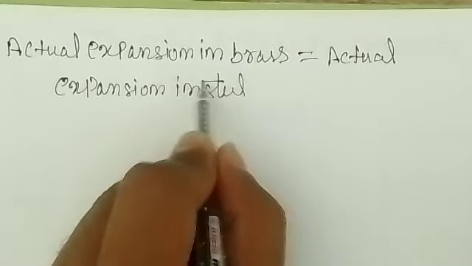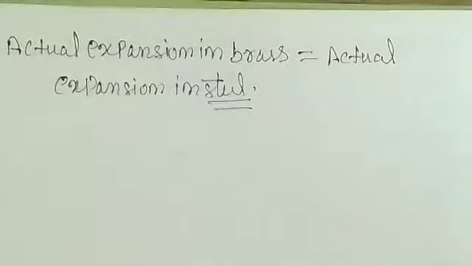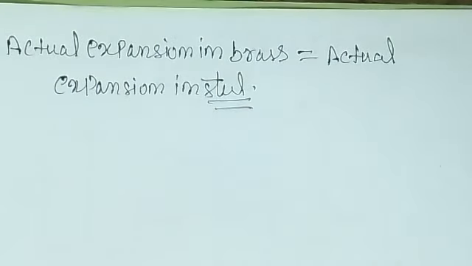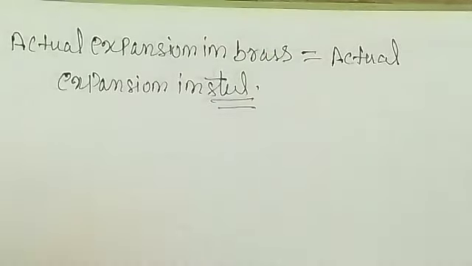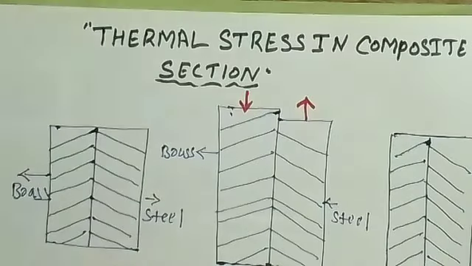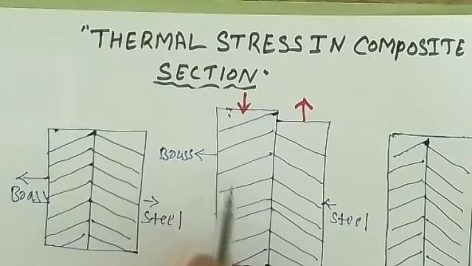As I have taken one example, the composite section is made up of brass and steel, but it's not always only brass and steel. Any two different materials can make up a composite section. So now you need to find out the actual expansion of brass and steel.